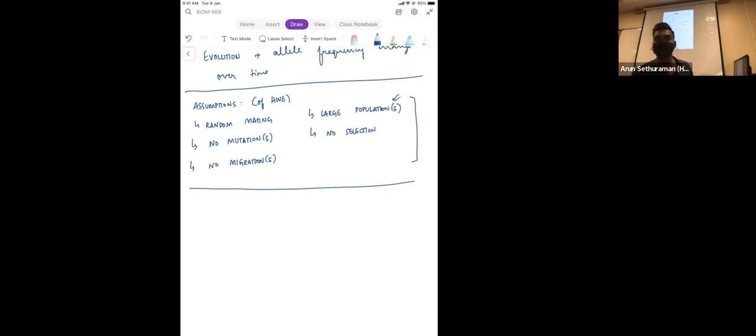Let's start with large populations. Well, I don't want to say easier, but it's very intuitive to understand large populations versus small populations. So let's take this. Let's mark this. So the first one is small populations.